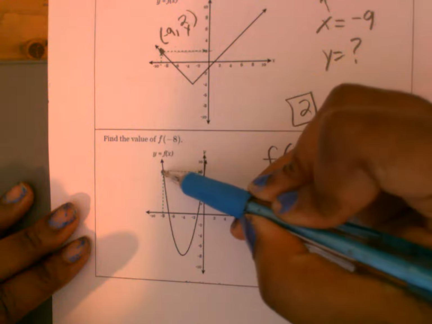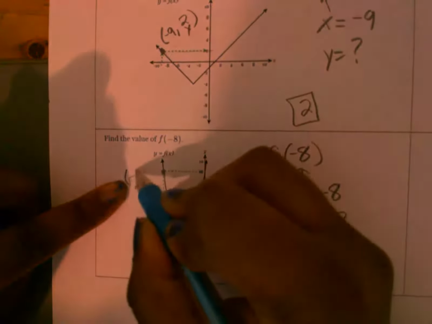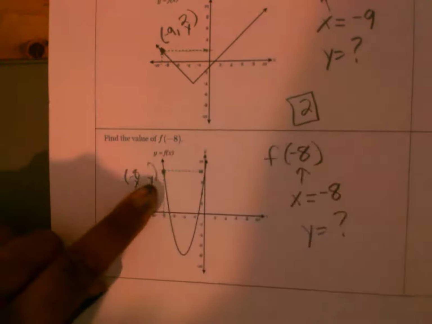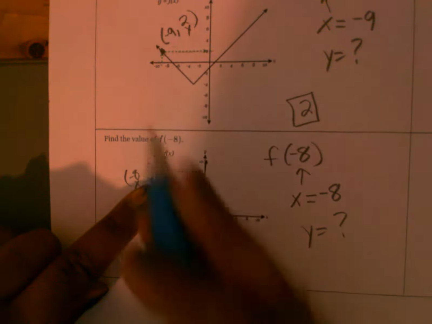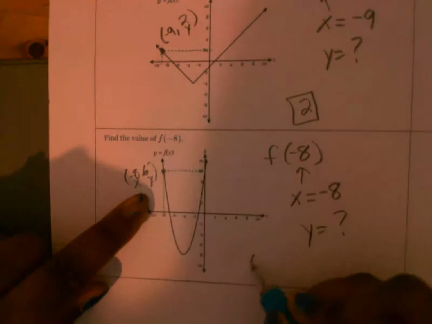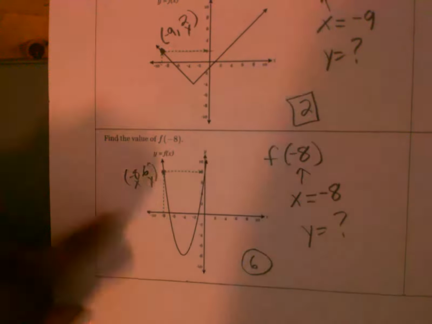This is the line right here. What is this ordered pair? When x is -8, what's your y going to be? I go over and read what that y is, and that y is 6. So they want you to type in 6 as your answer, okay? All right.